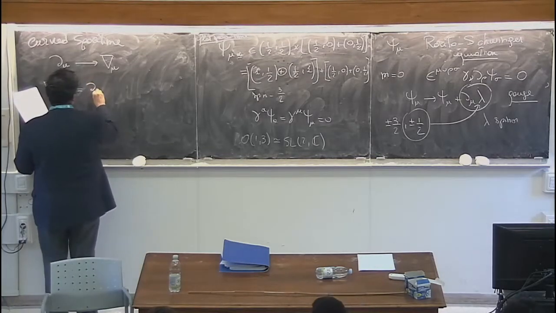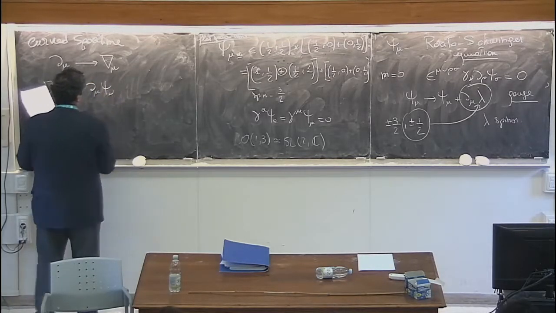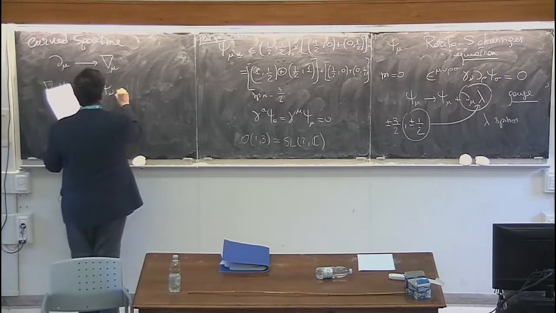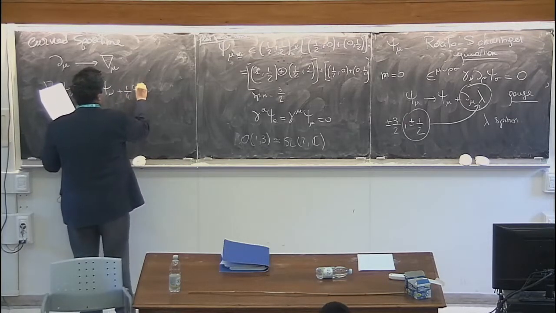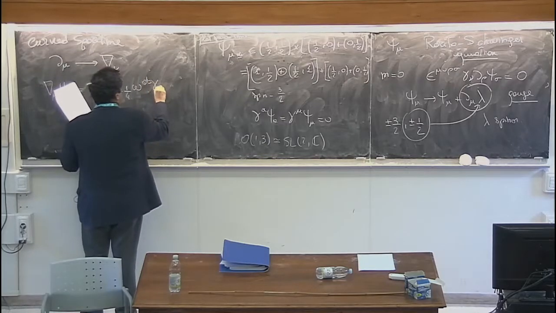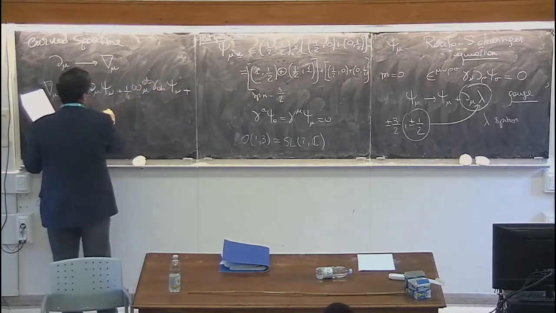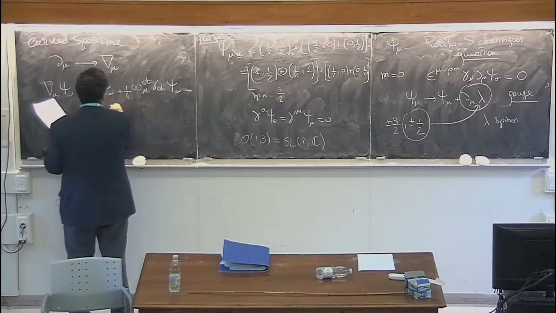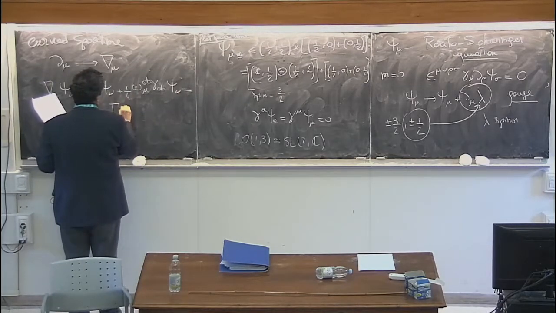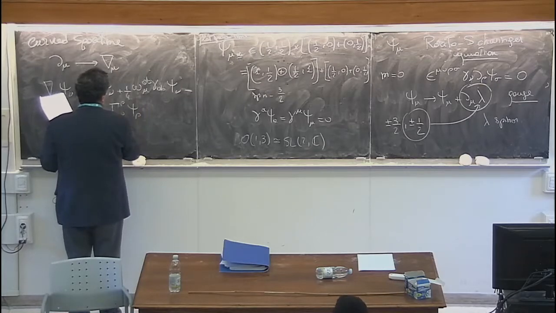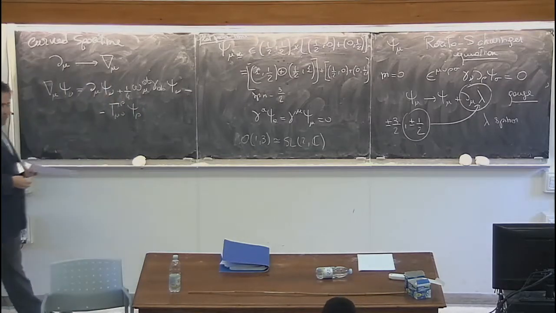So in principle, we would write something like that, plus 1/4 omega AB, gamma AB, mu psi nu, plus minus actually gamma mu nu rho psi rho, where this is the Christoffel symbol.